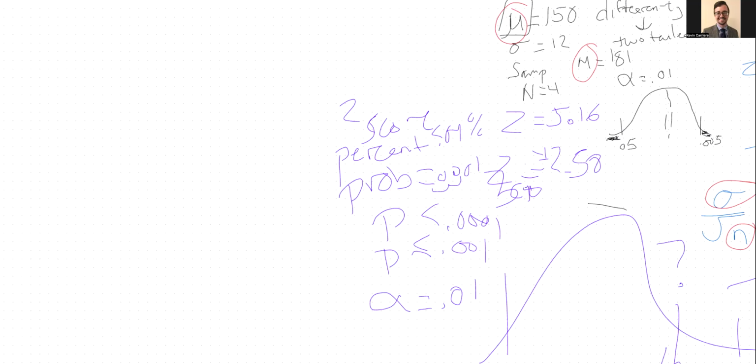So in our z-score, when we calculate a z-score, we're taking our sample's average and we're comparing it against something.